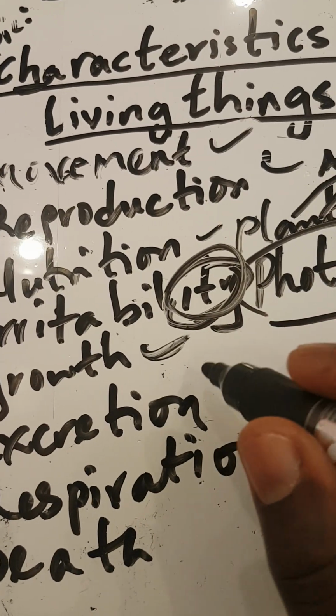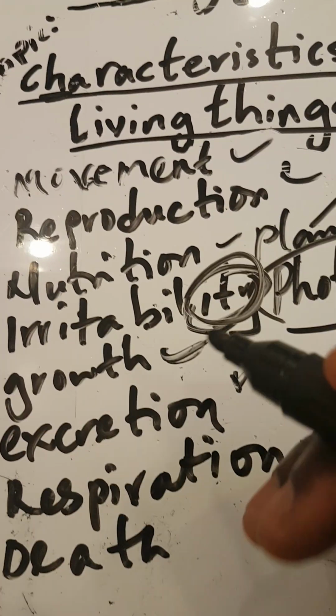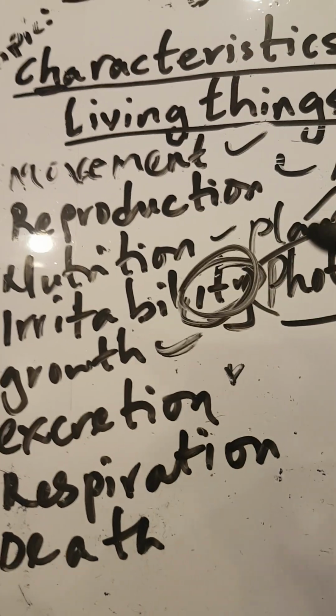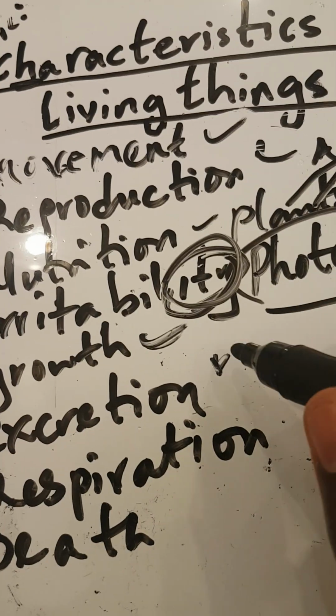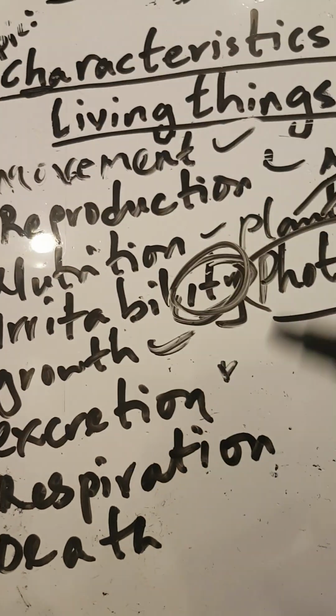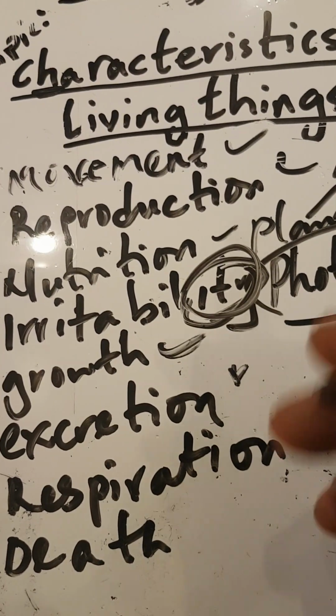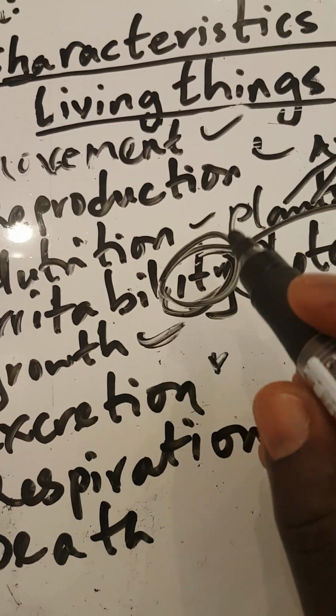That is growth for you. And as the animal is growing, it's increasing in size, weight, and also height. That is growth for you. Plants too also grow. From a seed you plant, it grows little by little. It also produces fruits and other things.